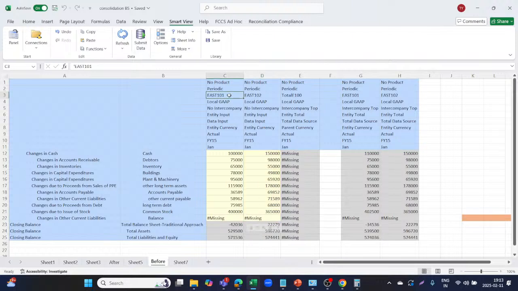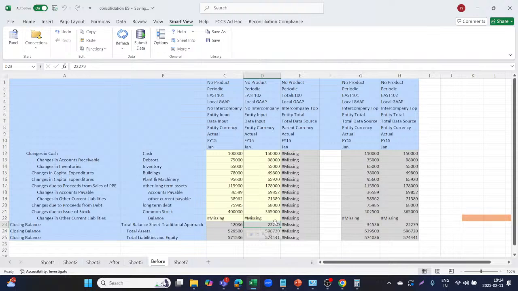So you understood, this C column is one entity, T column stands for another entity, and this is my parent of these two entities. This is the parent, that is total E100. And this is also not balanced; you can see your assets are more than your liabilities. That's why I show 2279. So your balance sheet is imbalanced here for this particular entity also.